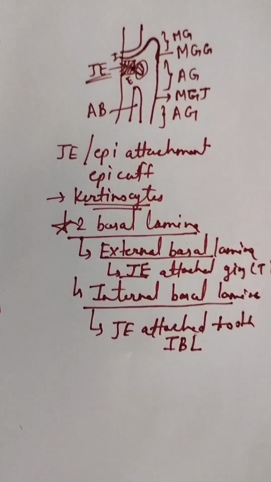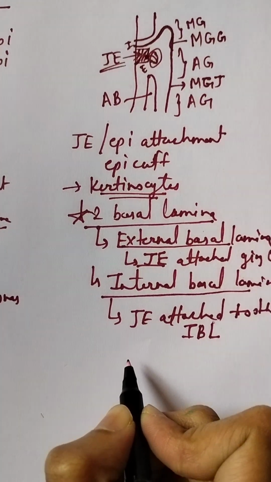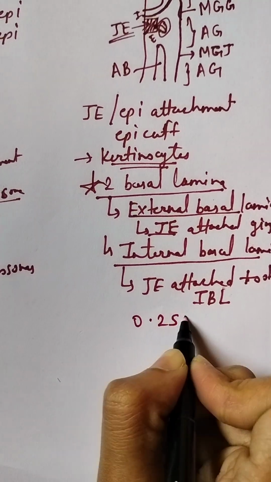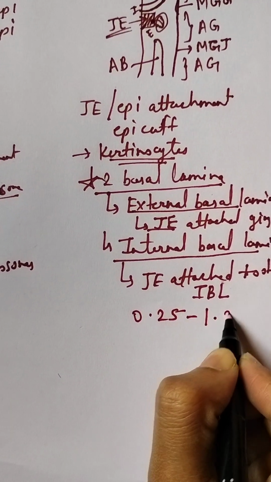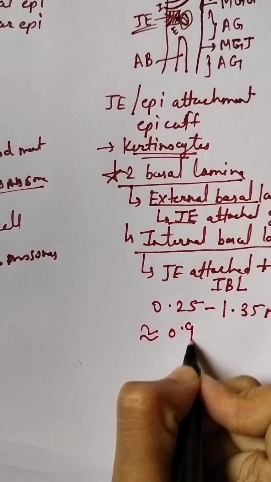What is the length of the junctional epithelium? The length of the junctional epithelium is 0.25 to 1.35 mm, approximately 0.9 mm.